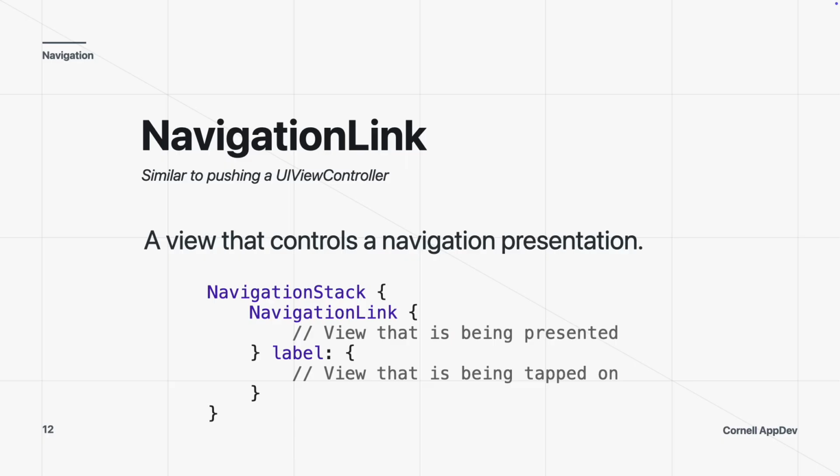Then we talked about NavigationLink, which is something people click or tap on when they want to push a view on top of the stack. You can control the visual appearance of your NavigationLink by providing content in the label closure.